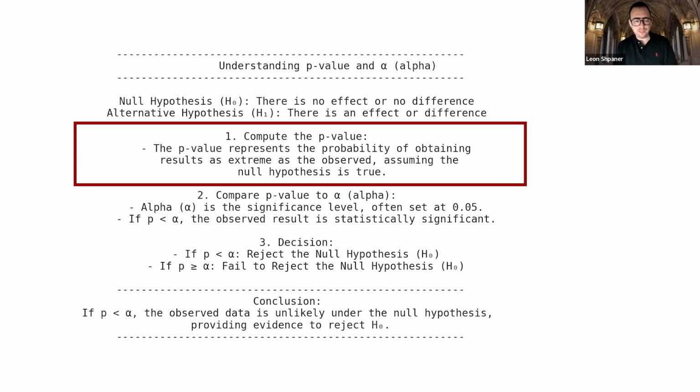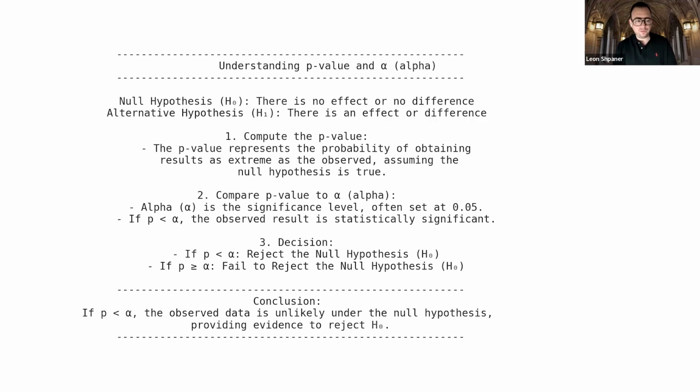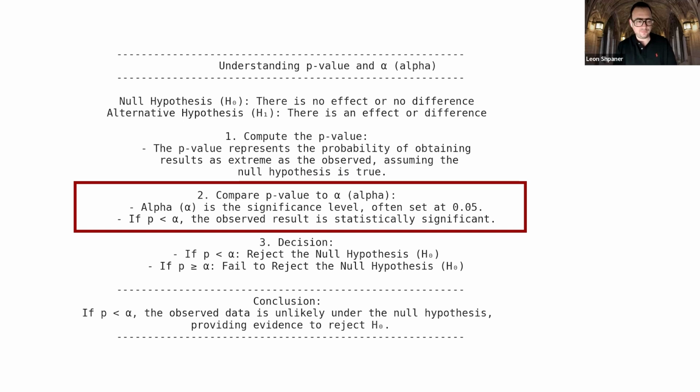So you're calculating exactly how likely your observed result is under the assumption that there's no effect or difference. So back to what I was just saying, if your p-value is very low, less than 0.05, if that's your significance level, then that suggests that your observed data is unlikely under the null hypothesis.